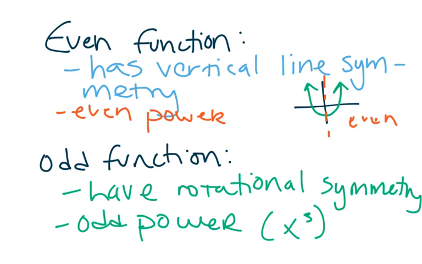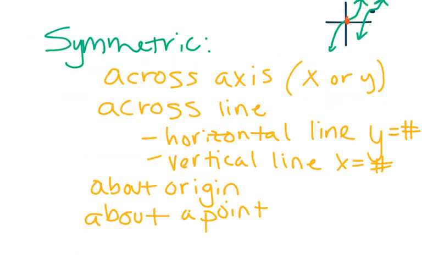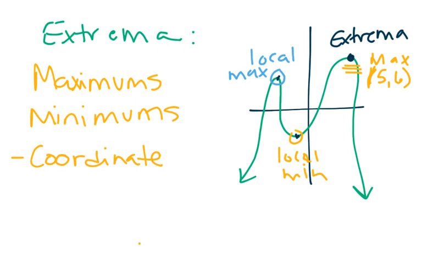So the idea of your assignment is that we are going to be looking at a bunch of functions and they're going to ask you each of these questions. So you're going to look at it, maybe graph it, or they'll have an image of it for you. And you are going to look at it and talk about, for instance, its end behavior, or if it's symmetric or not, or what its extrema are. So you do have an assignment that you will have time to work on tomorrow, but these are the notes for today, so hopefully you got some of that down.